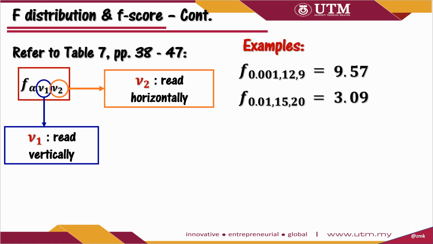You can repeat the same procedure for the next F-score, F 0.05, 18, 16. Here you need to go to pages 44 and 45 for alpha equal to 0.05.